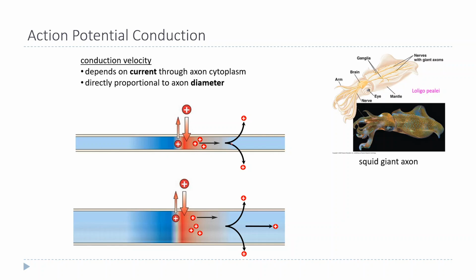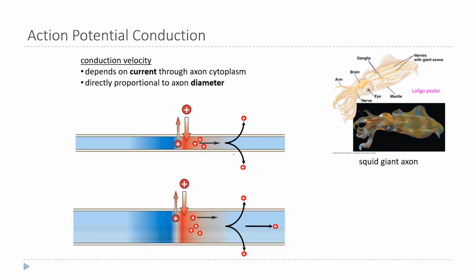So the speed of the action potential does depend on the ability of current to move down the axon, and the more current that can leak out, the slower the action potential. One of the things that affects the leakage of current is the diameter of the axon. If you have a very thin axon, that means there's a lot of surface area relative to the volume, or the diameter of the axon.